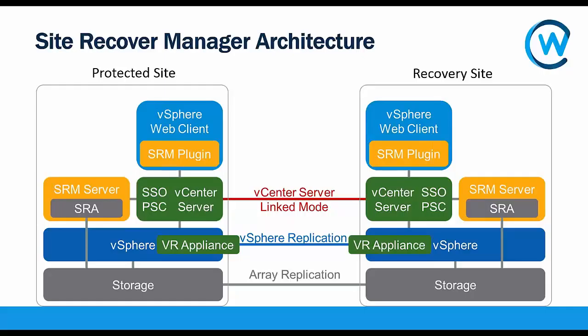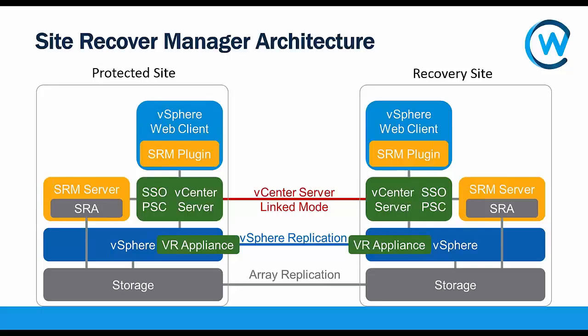On that server, if we're using array-based replication, which I'll come to in a moment, we'll install the SRA agent onto that server as well. Moving down now into vSphere Replication, VMware provides their own replication appliances that you can deploy in your environment.